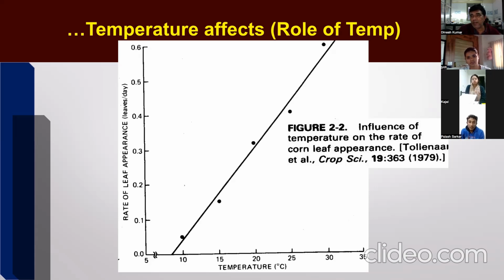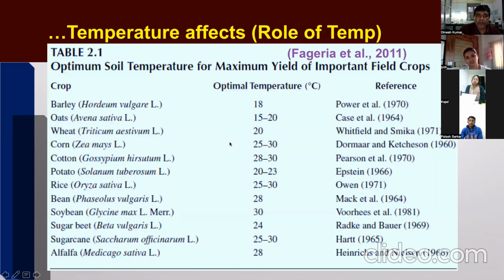This is the relation between temperature and growth of the maize plant. So you can see at 30 also it is increasing. Linear increase means at least up to 30 degrees centigrade, there was linear increase in leaf production. Now I close it. I will go to the link number 2 and then continue this.